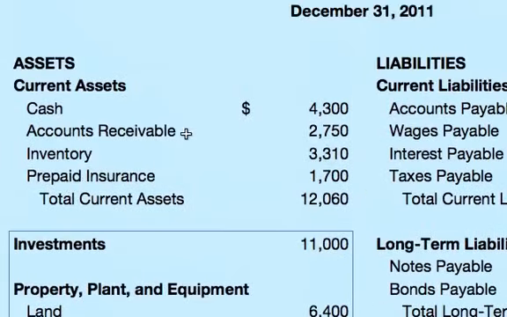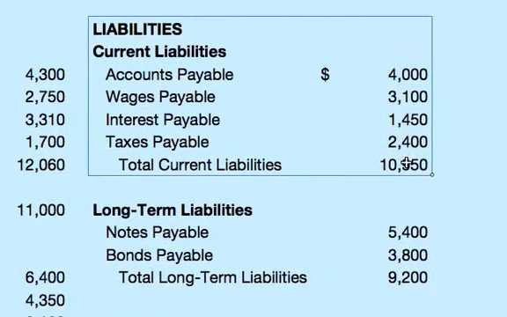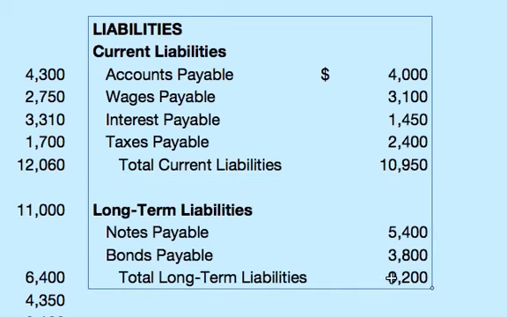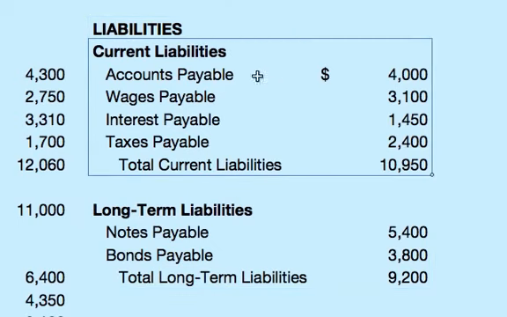Now, if we come over here to liabilities, they are the same as assets in that they're differentiated between current liabilities and long-term liabilities. So current liabilities, again, it's the same thing: any liabilities that are expected to be satisfied within a year. So you have accounts payable, wages payable, interest payable, taxes payable, and these are things that just need to be satisfied within a year.